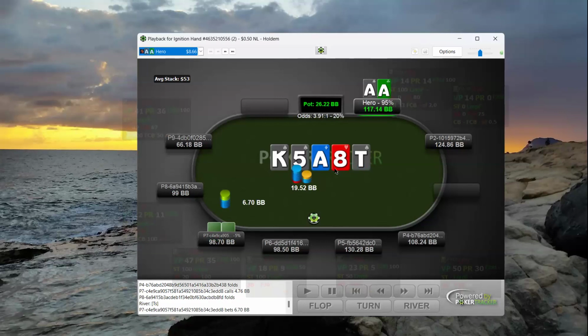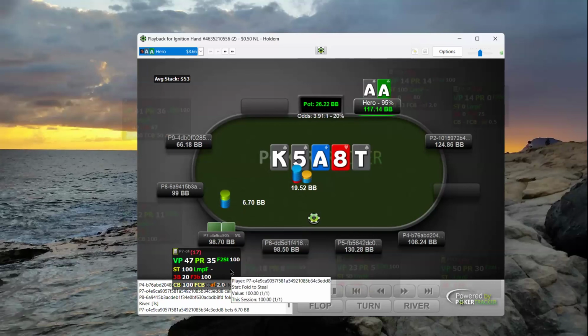So, yeah, the ace of spades and the king of spades are kind of important, although we don't know what he has. Do we know anything about this? Can we look at this guy's stats? So he's played 17 hands and his VPIP is 47.